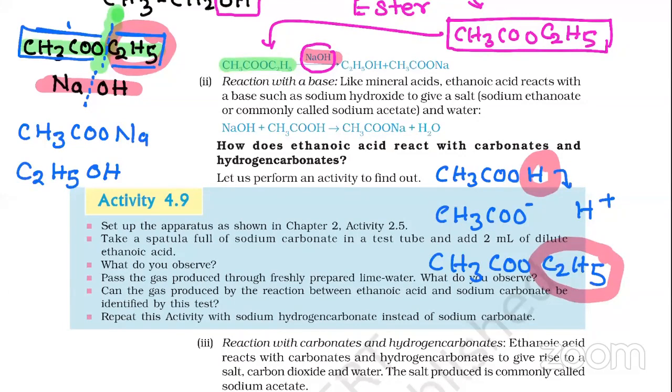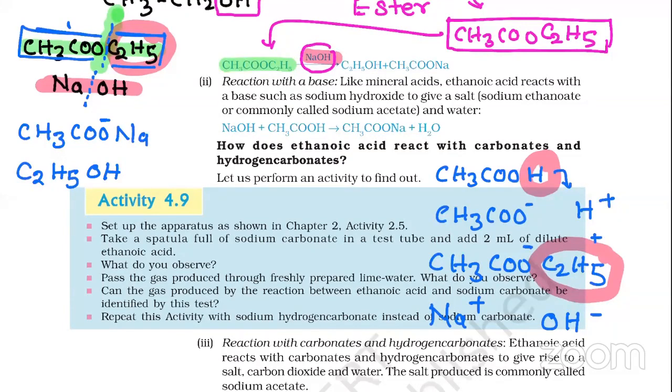So the remaining part is CH3COO minus. Okay, and when we are breaking this NaOH, it is producing Na plus and OH minus.